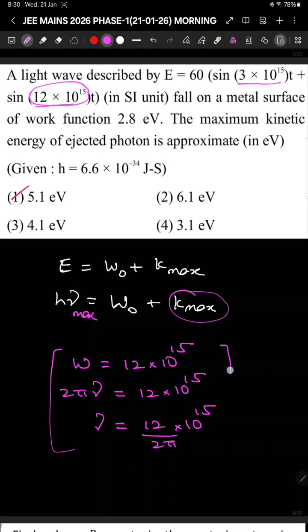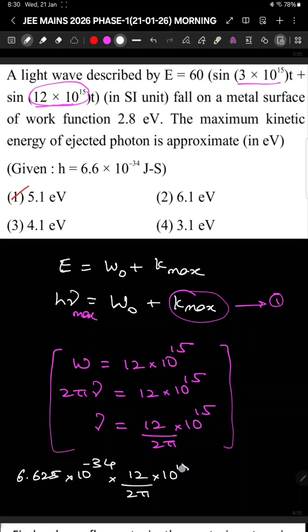Substitute this nu value in equation 1. The h value we know is 6.625 into 10 power minus 34, and the nu value I got is 12 by 2 pi into 10 power 15.